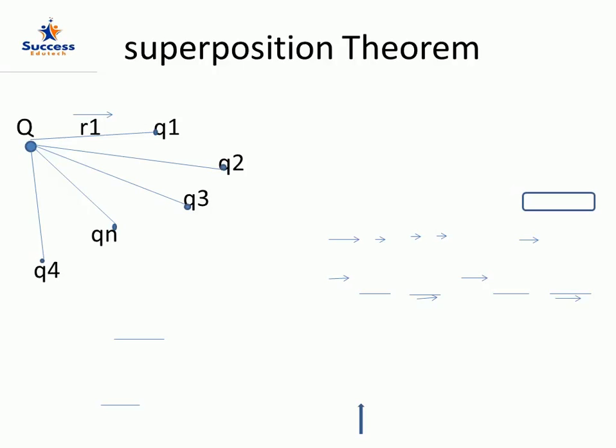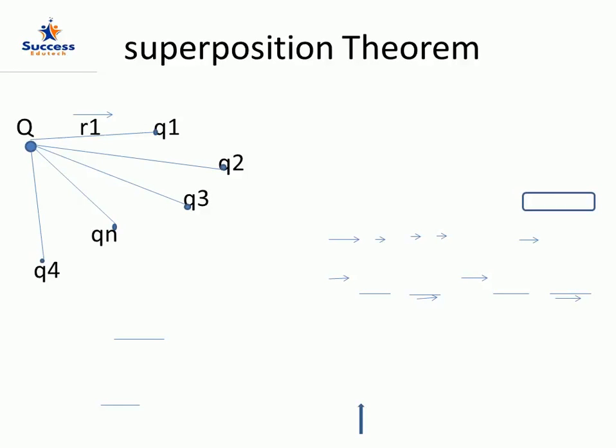Then according to Coulomb's law, we can calculate the force between any two particles, between Q1, Q2 or Q3, Q4 and so on. But if we want to calculate the total force on capital Q due to all these particles, that is Q1 up to Qn, then how is it found?